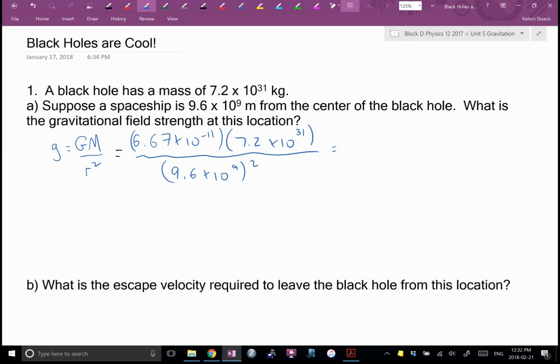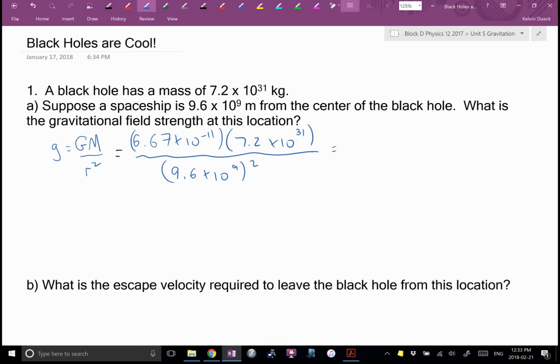What do you get? This may be in the hundreds, this may be in the thousands, could be even bigger. It depends how close we get to the black hole. And I was just making up numbers. I was trying to end up with something ballpark in the hundreds or in the thousands. Or what did I end up with? 52?